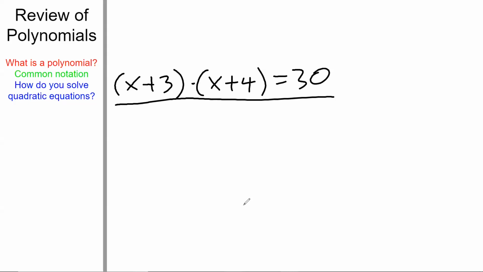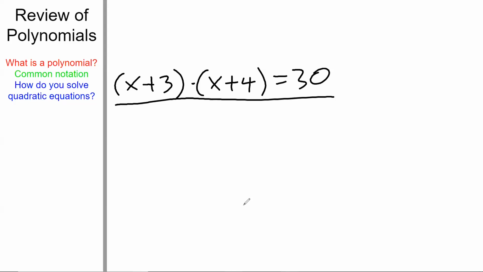Expanding it is definitely an option. Factoring the 30 in this case would actually be the better option, but there are cases where some methods are better than others. So let's say, for example, you just decided to expand it.